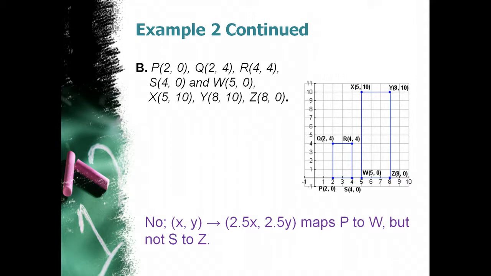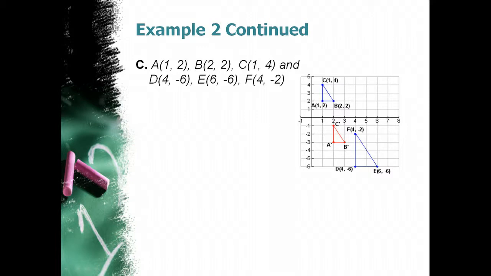This is not a similarity mapping or transformation because even though I could multiply times 2.5 for X and Y, and this would map the point P to point W, it does not match S to Z. If I find one vertex that I can't map using the same similarity ratio, it is automatically not similar.